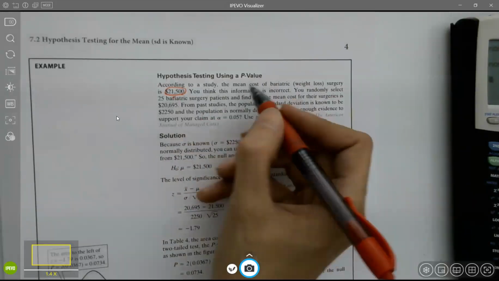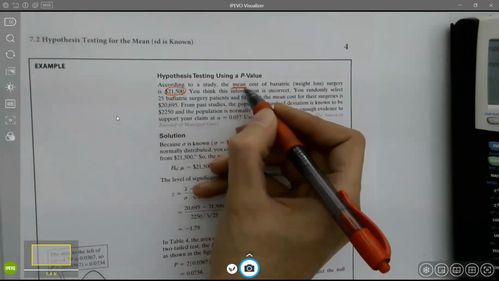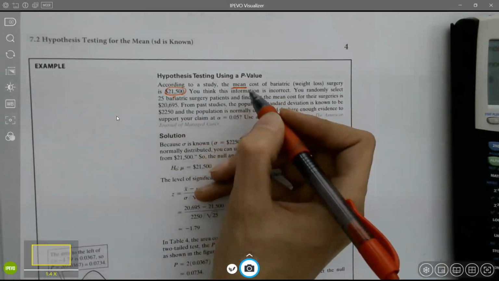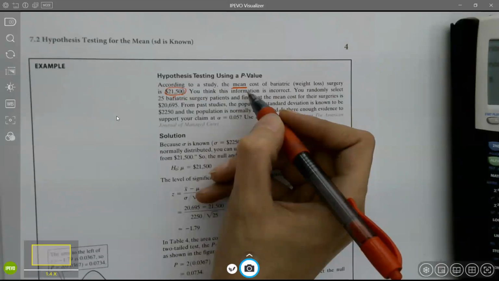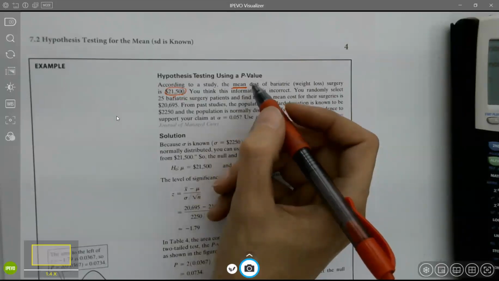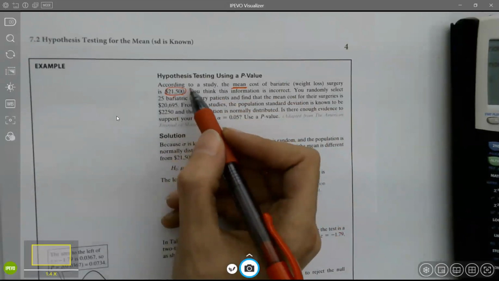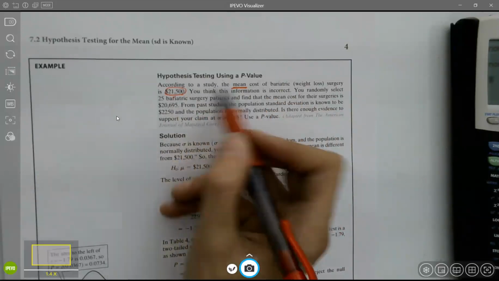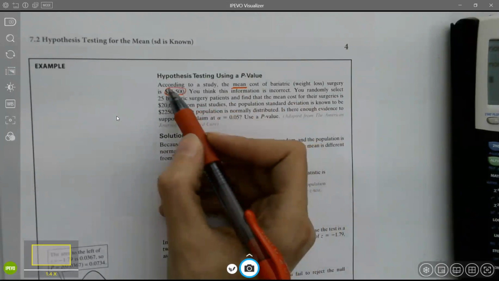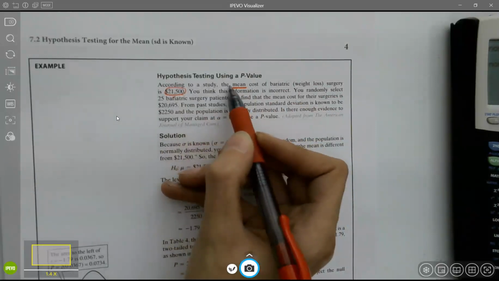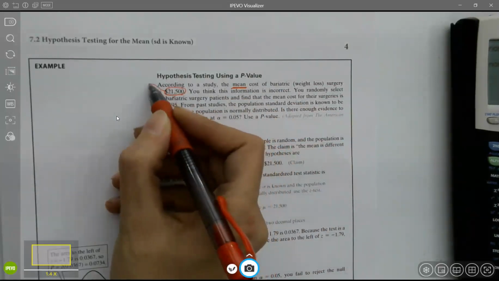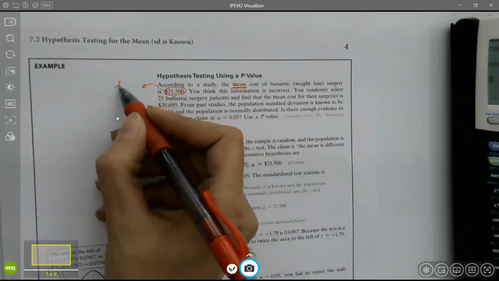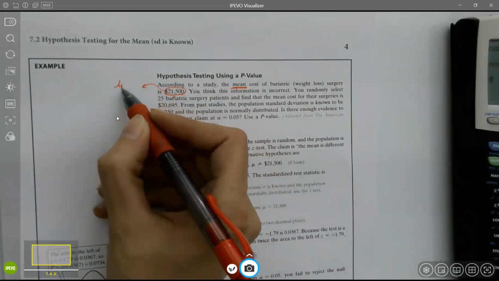We know that it's a mean. Is it x bar or is it mu? It's mu. Very good. Why is that? Because we don't have information about a sample. It just says according to a study. So this is your mean of the population.